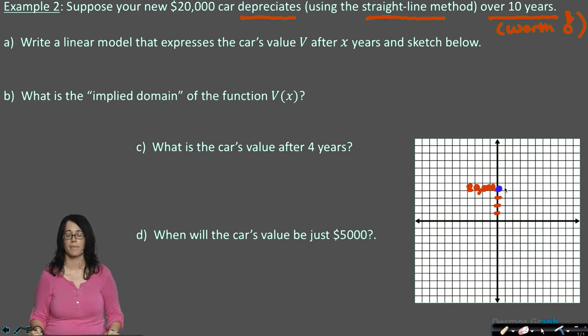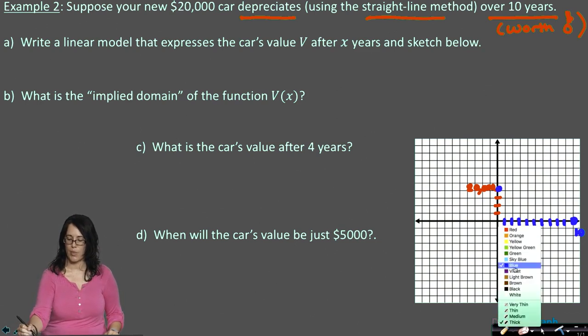My blue dot there. And we're saying that over 10 years, if we go by ones for our x-axis, 1, 2, 3, 4, 5, 6, 7, 8, 9, and 10. Okay, after 10 years, this is 10, my car is worthless.